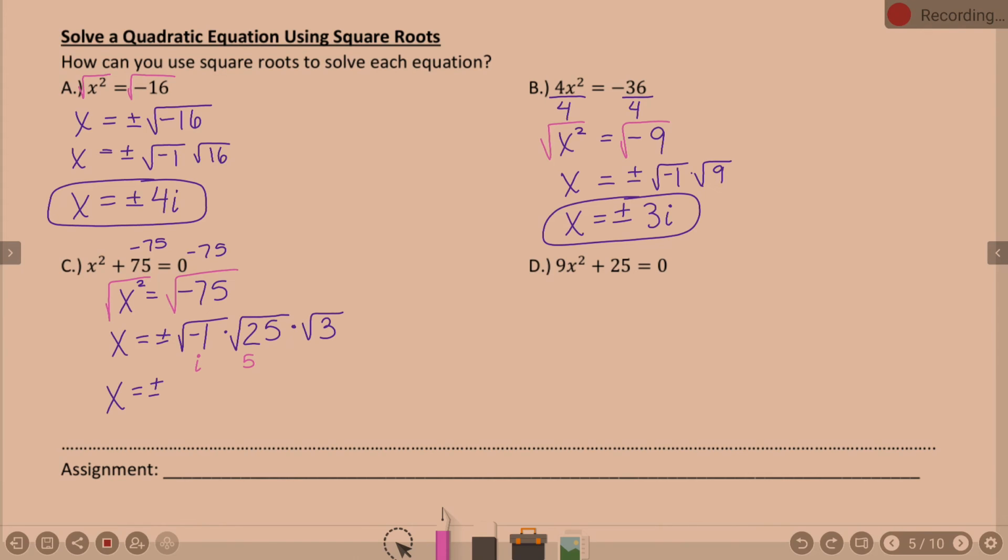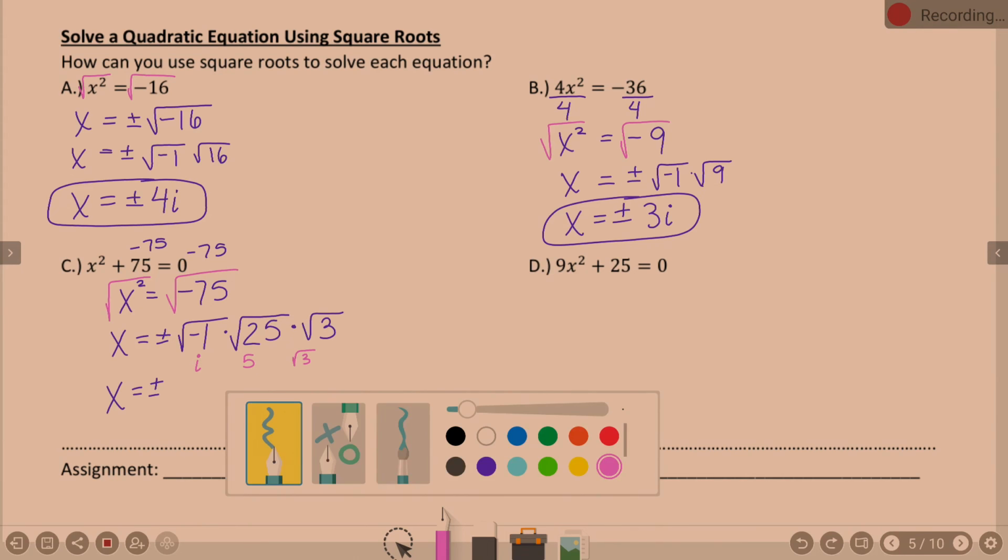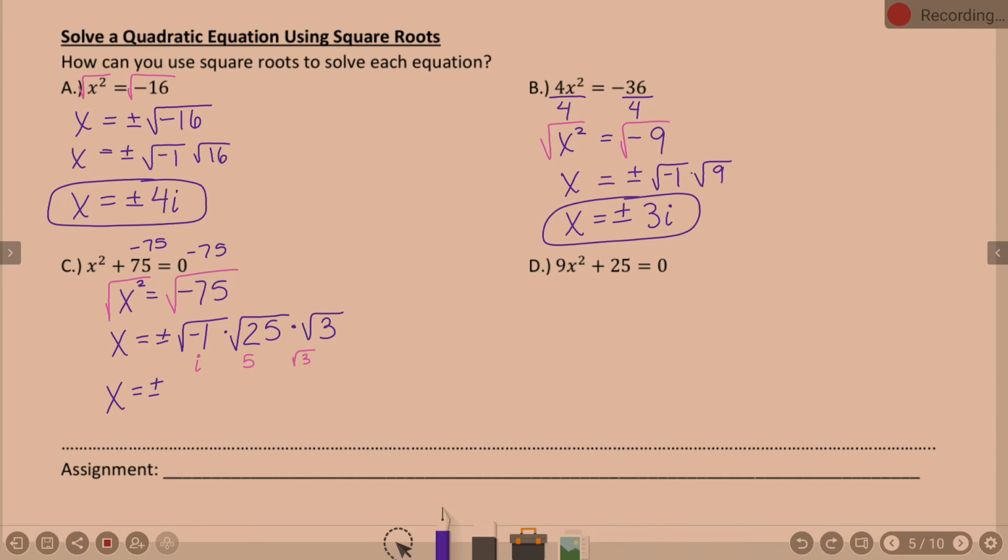And the square root of 3 is going to stay square root of 3. So when you put those all together, we're going to have plus or minus 5i square root of 3. Could you have something where there's no perfect squares involved in this situation? Sure. That's possible.